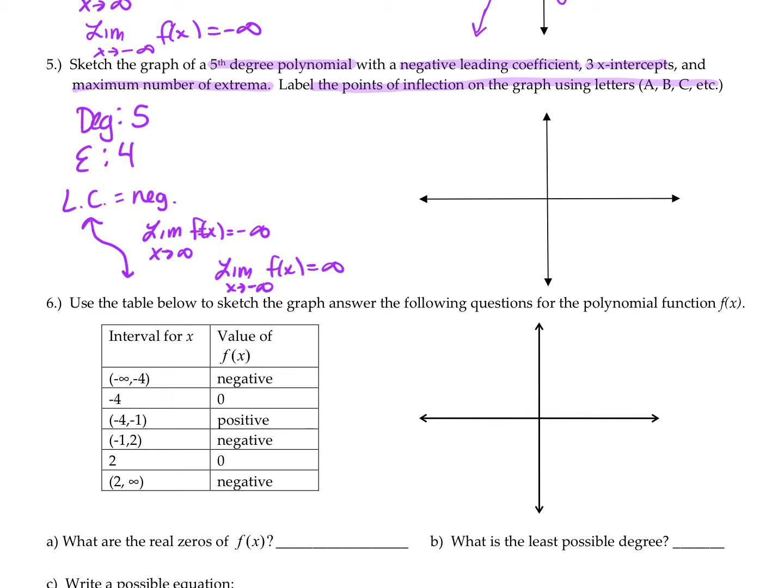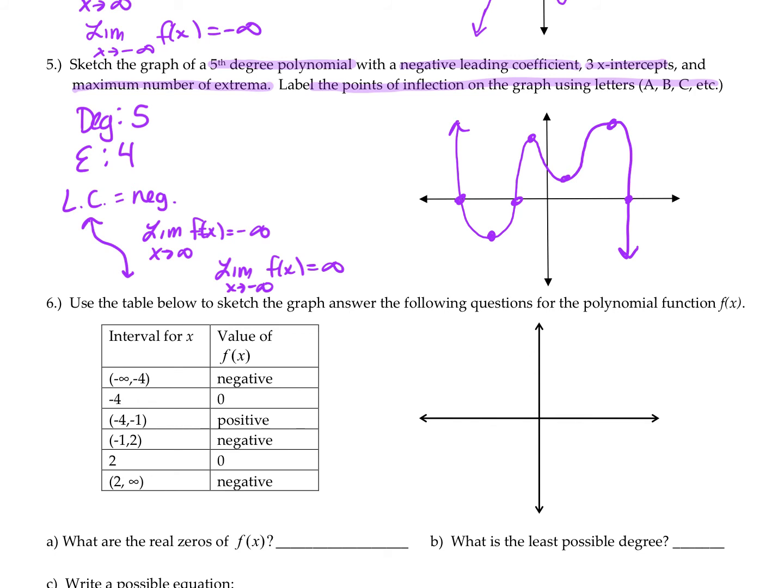There's lots of different ways, but if I need 4 extrema, so maybe 1, 2, okay, so I can't cross again until I can make that third, so maybe something like this. So 1, 2, 3 x-intercepts, 1, 2, 3, 4 extrema.